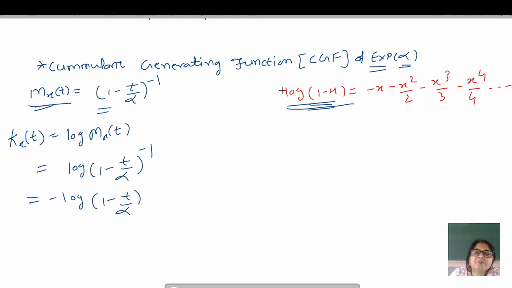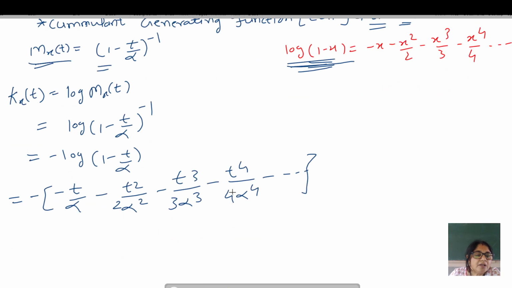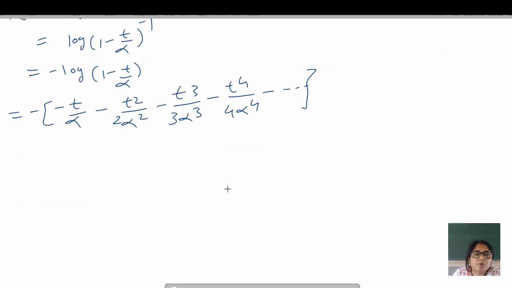And now you can expand using the series for log of 1 minus x. So it will be equal to minus, in the bracket, minus t by alpha minus t square upon 2 alpha square minus t cube upon 3 alpha cube minus t to the power 4 upon 4 alpha to the power 4, and so on. It will be an infinite series, right? So now using this we can find out cumulants.